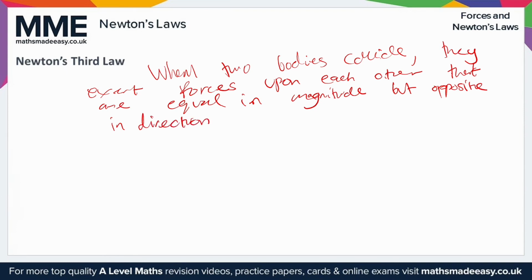Okay, so that's the sort of formal definition. How you might have heard it before is that every action has an equal and opposite reaction. It means the exact same thing.